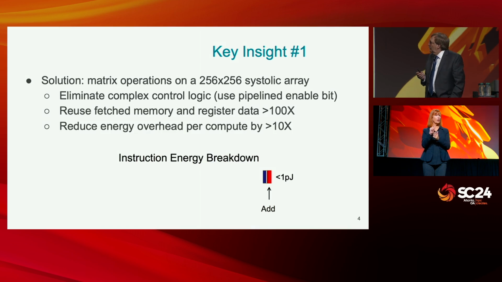And if you remember from the last slide, that was a big part of the blue area. And we reduce the energy overhead per compute operation by 10x. And you might say, why not 100x? Well, there's a bunch of other things that have to happen, like reading data from memory and stuff like that. So that's why it gets watered down to 10x.